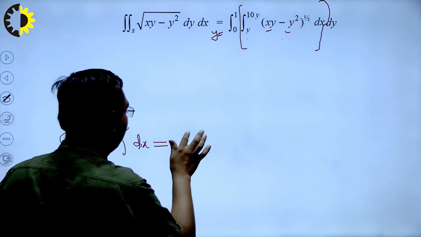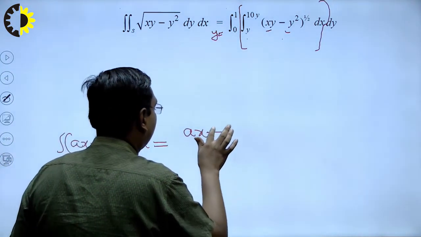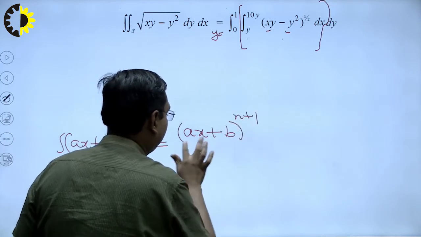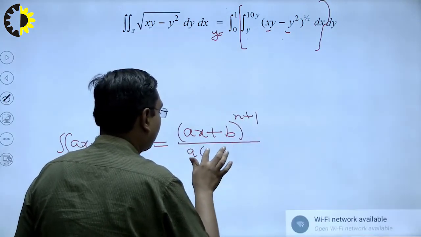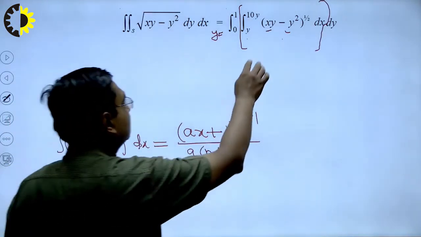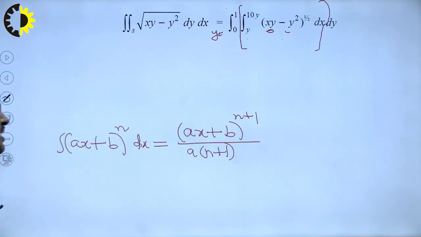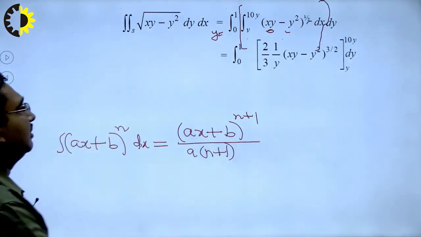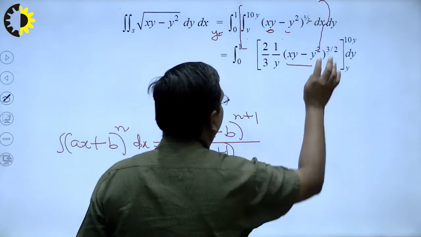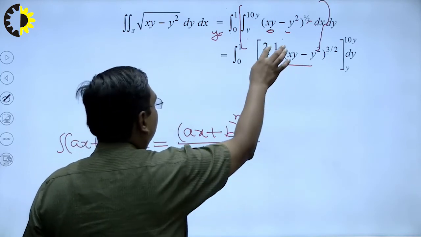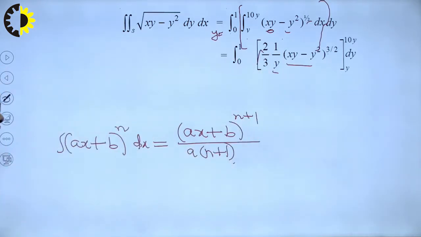Integrating it, we obtain (ax plus b) raised to the power n plus 1 upon a times (n plus 1). Here this y will work as a. Applying this formula, the value of n will become half. I obtain this integral (ax plus b) raised to the power n plus 1 upon a and divided by n plus 1, so it gives 2 upon 3.